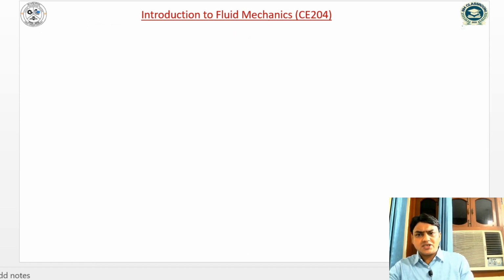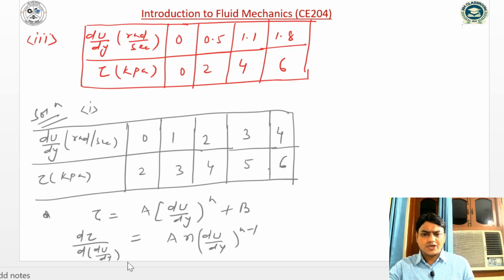So let us look at the slope of the tau versus du by dy curve. The slope is A n (du by dy) to the power n minus 1.